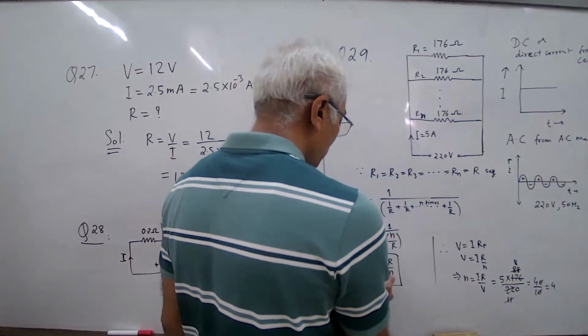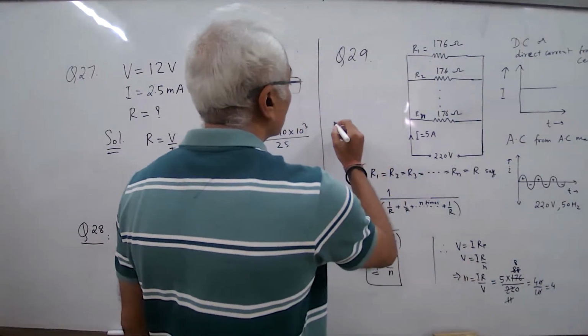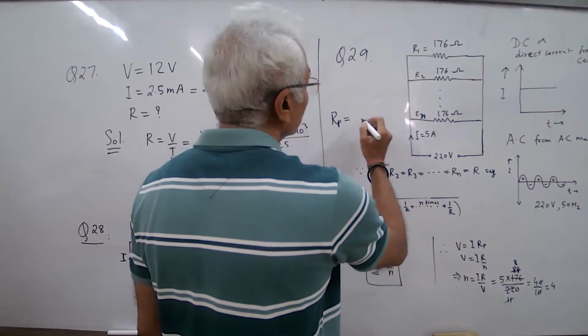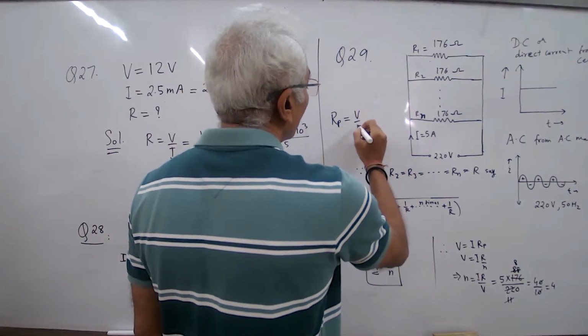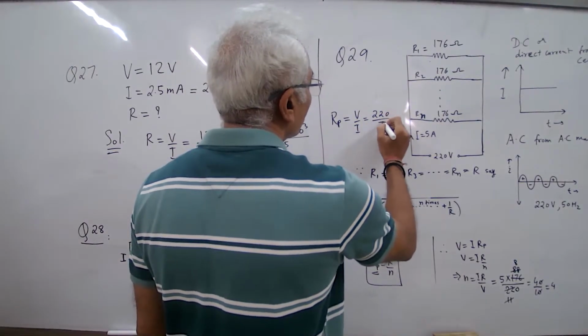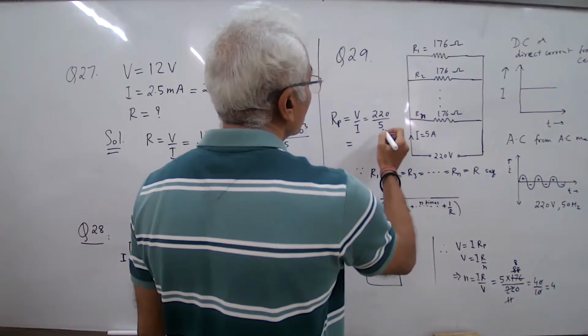Let's say you found the resistance by Ohm's law. Here, what is Rp? Rp is equal to V by I, 220 divided by 5, which is 44.